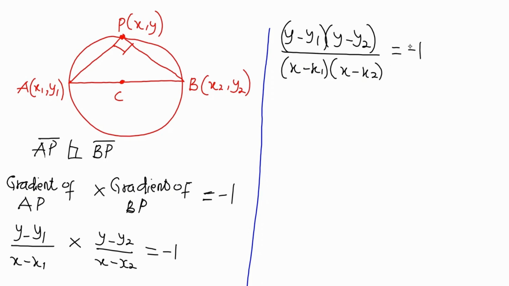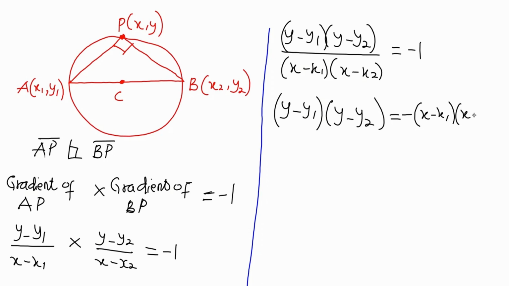So we cross multiply. Here it means that y minus y1 multiplied by y minus y2 is equal to negative of x minus x1 multiplied by x minus x2. Now we transpose the right hand side to the left hand side, then we go to 0.